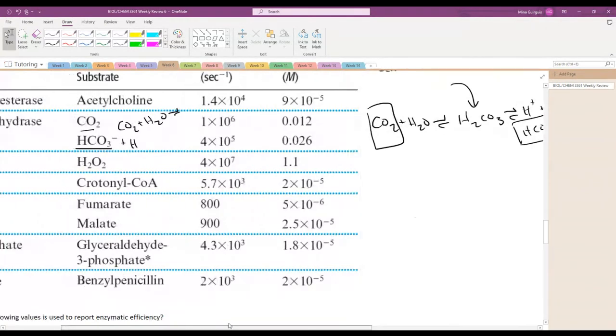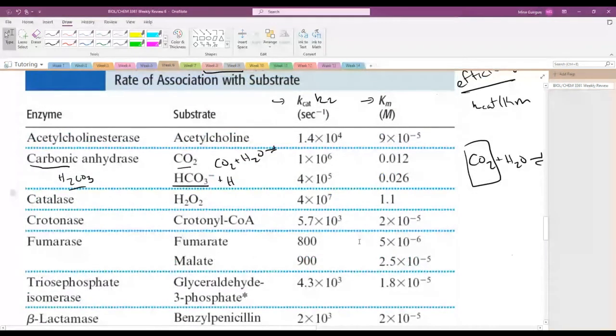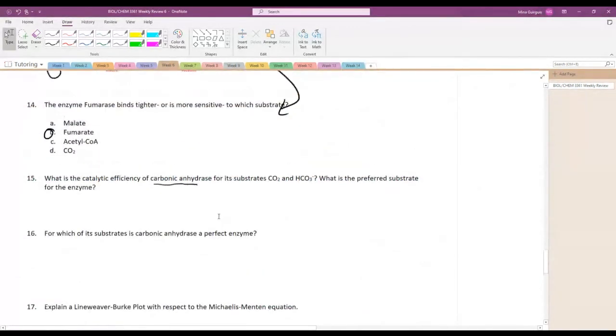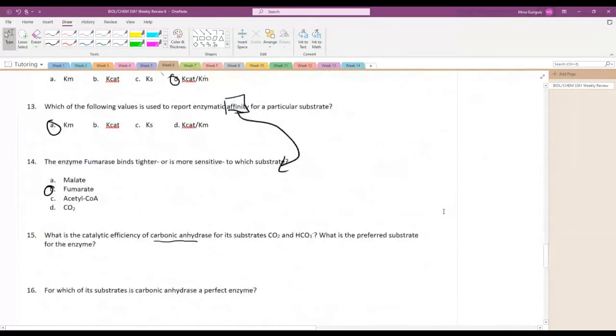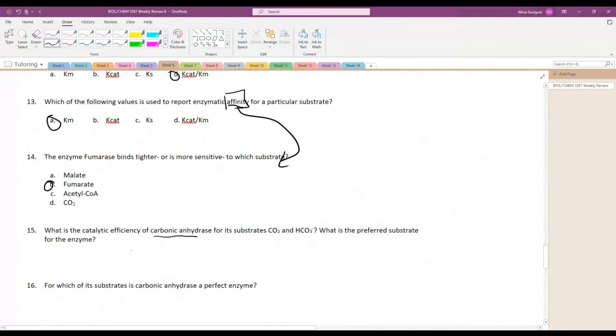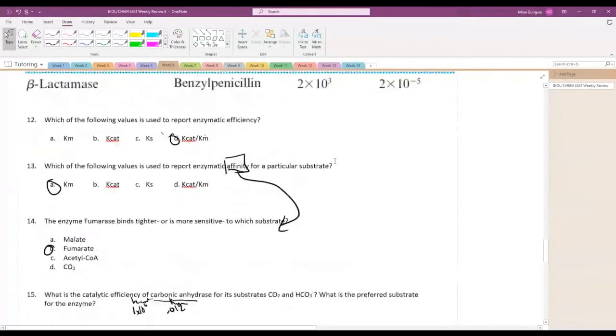Okay, so now let's actually do the math for them, right? So you're given Kcats and Kms. What I'm going to end up doing is I'm just going to copy these values over so that I can do the math down there. So 1 times 10 to the 6th and 0.012, these are Kcat and Km, all right?